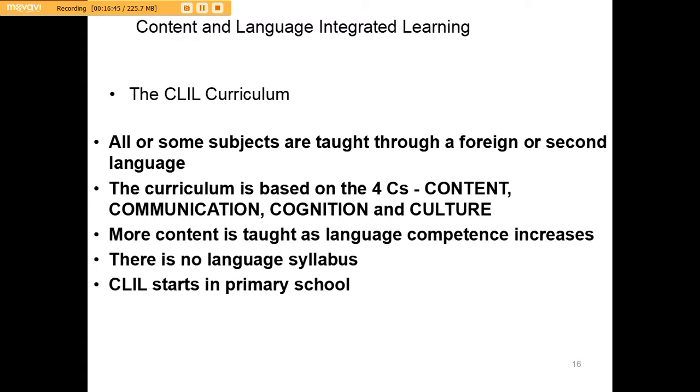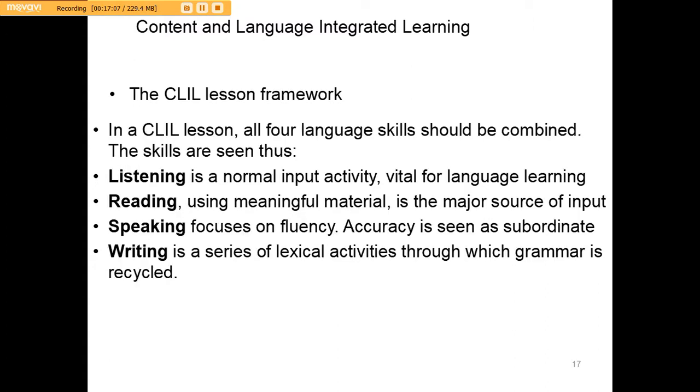We can use English in a holistic way, similar to how it's applied in task-based learning. Generally, CLIL should start in primary school. Some schools try to begin at infant level, but the cognitive maturity is not there. It can be difficult for infants, but primary school is generally a good age to start.